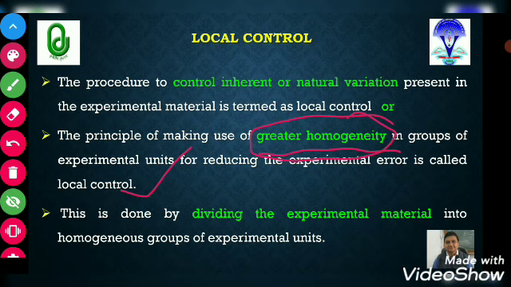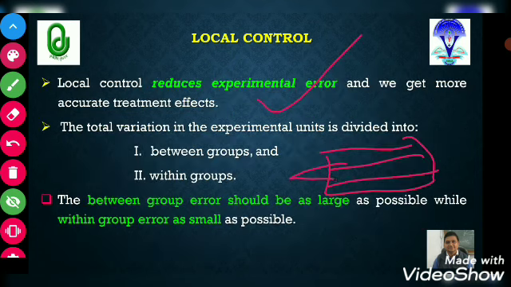This is done by dividing the experimental material into groups. The difference between groups is the between group variation, and the variation present within a unit only is called within group error. So there will be two types of variation: between group variation and within group variation. This is about local control.